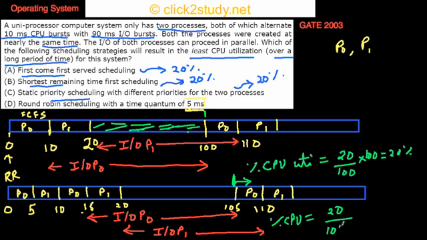In the earlier cases we had 100 in the denominator, but now it's 105, and this percentage is definitely going to be less than 20%. So the least CPU utilization is in the case of round robin scheduling in this particular case.